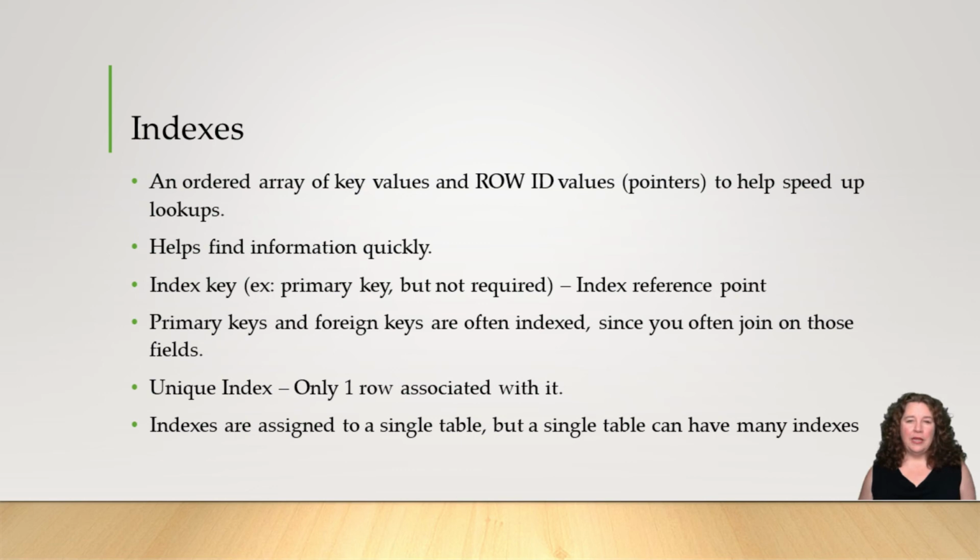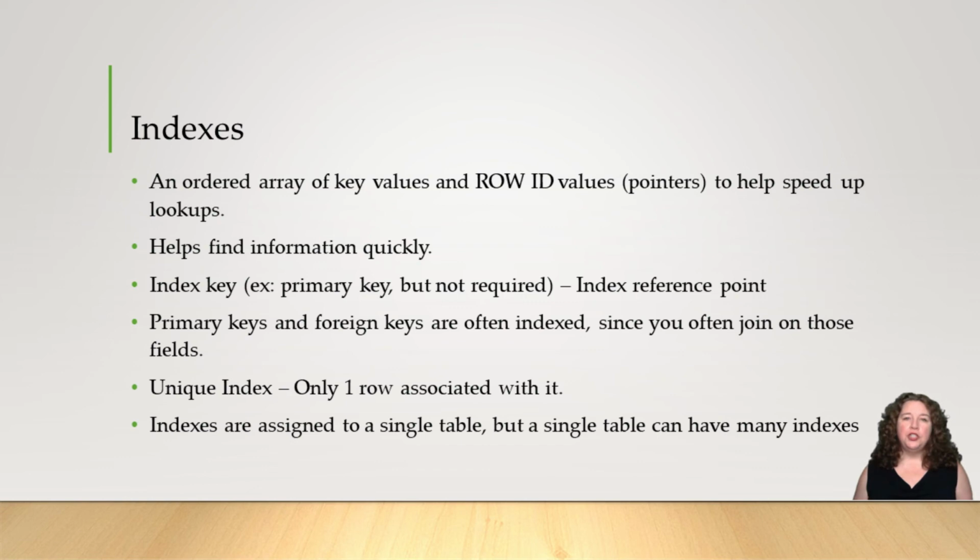Another topic that we like to talk about is indexes. When you have a field that is indexed in your table, the data dictionary and the internal DBMS code will be able to create an ordered array of the key values and the row ID values to speed up the lookups.